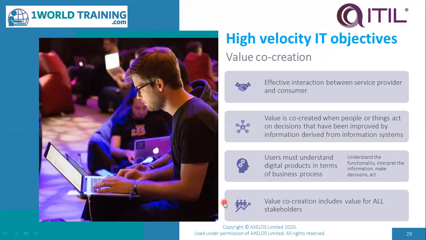Value co-creation includes value for all stakeholders, though customer is of prime importance, but value needs to be co-created even for the service provider, the employees, partners, suppliers, etc. Regulators as well, if they are involved.